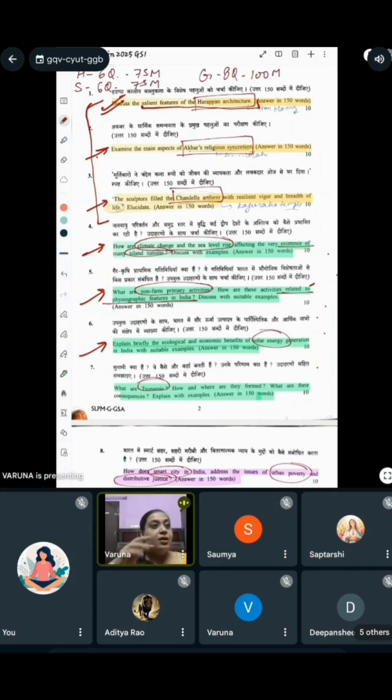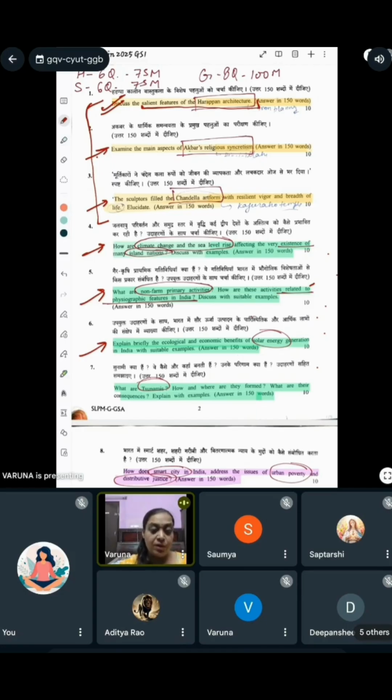Like, let's say there is a question on solar energy in GS1, I am able to write an answer. If it has been asked in GS3, I'll be able to write an answer. Even if it is asked in GS2, like the International Solar Alliance or the global effort related to solar energy, then also we'll be able to answer, because we have plenty of arguments.